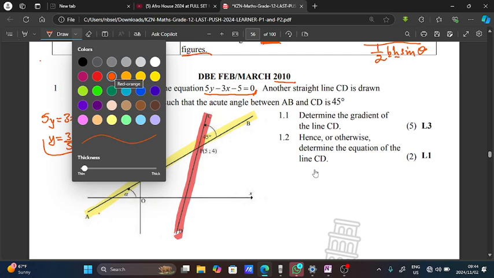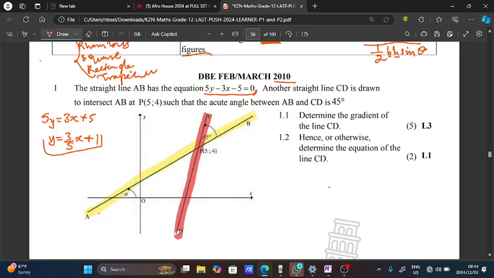Now how can we do that? We are given the line AB, with the equation and the gradient of 3 over 5. Then they want the gradient of CD, 5 marks.